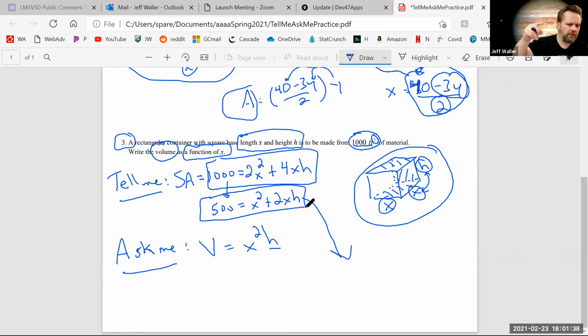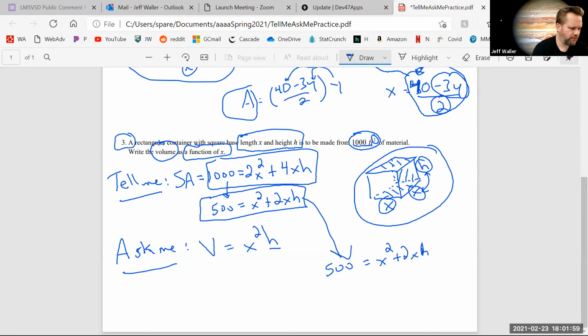Isn't that what we keep doing? Whatever letter I want to get rid of, I solve the first equation for that letter. So if I take that equation and I solve it for h, can't I replace h with what I solve it for?